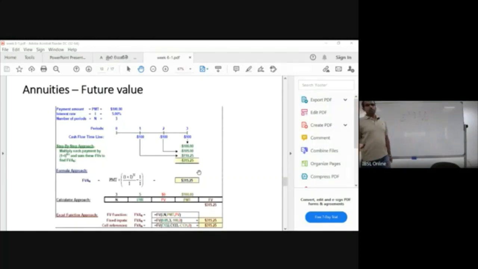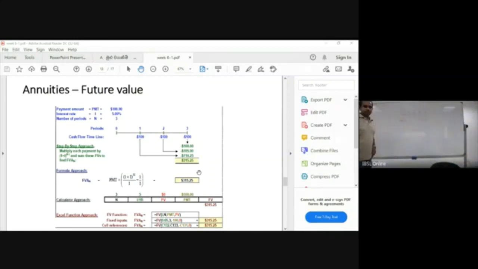Because the equation for the future value of an annuity will be given. You need to substitute into the equation.